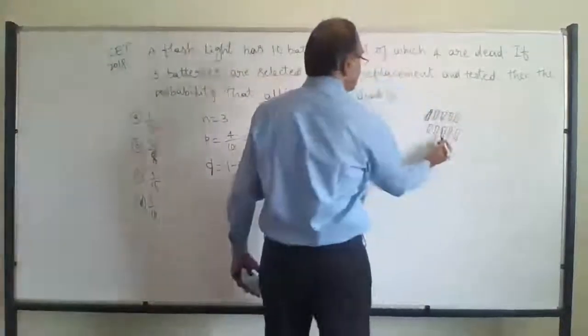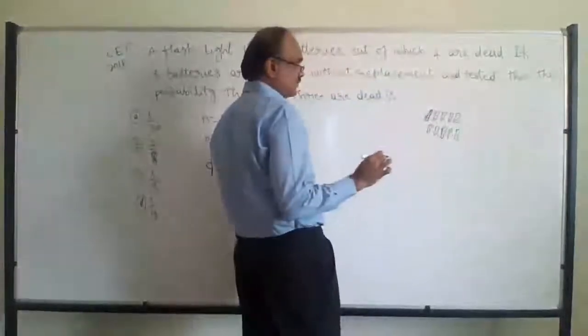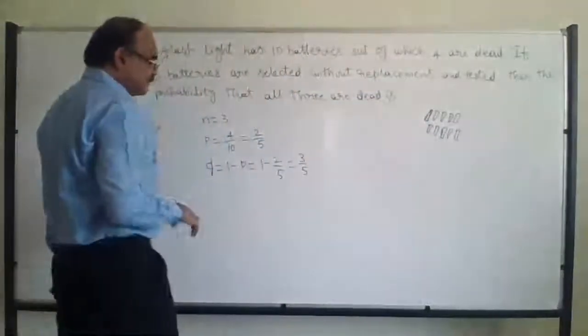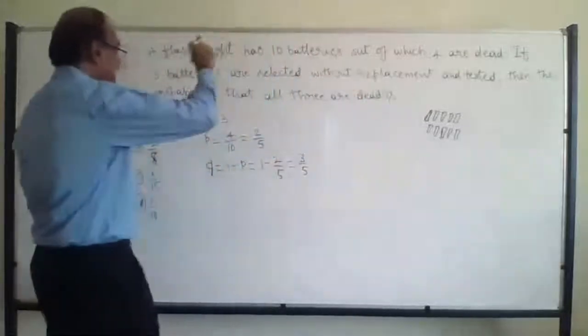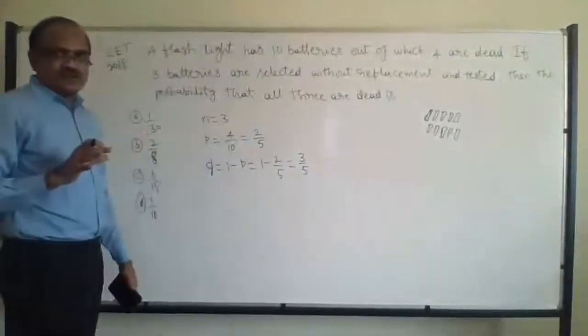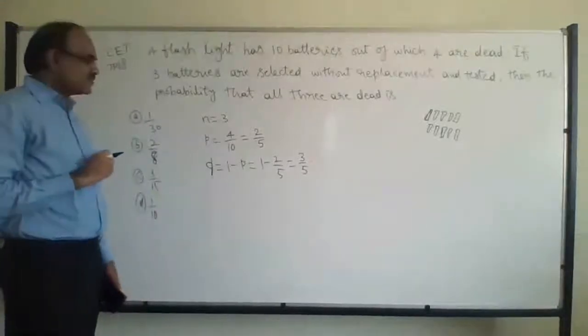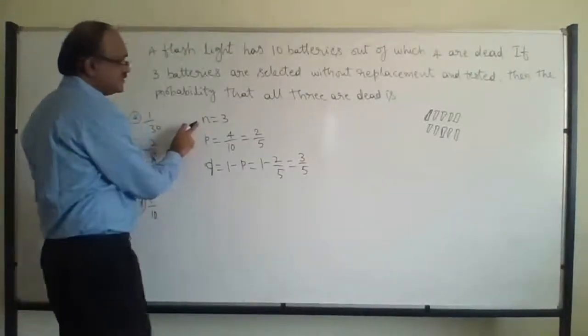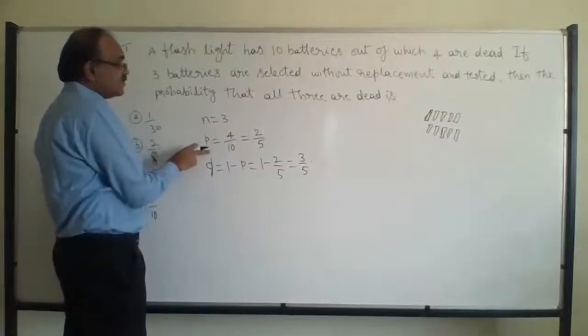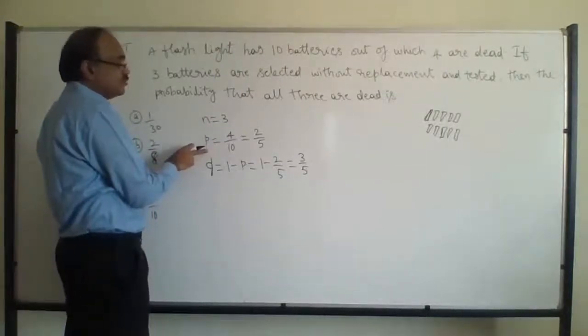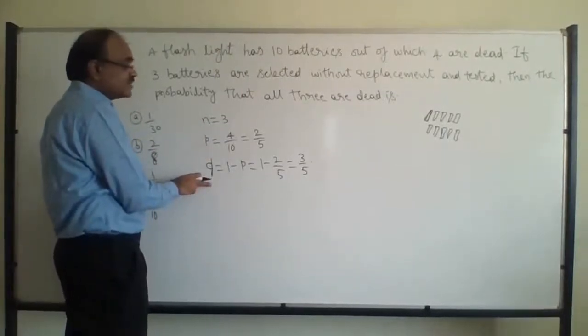We don't know which ones. Now you are going and picking 3 batteries. What is the probability that all 3 are dead ones? That is the question. So N is 3, 3 trials, and the probability of getting a dead battery is 2 by 5, not getting is 3 by 5.